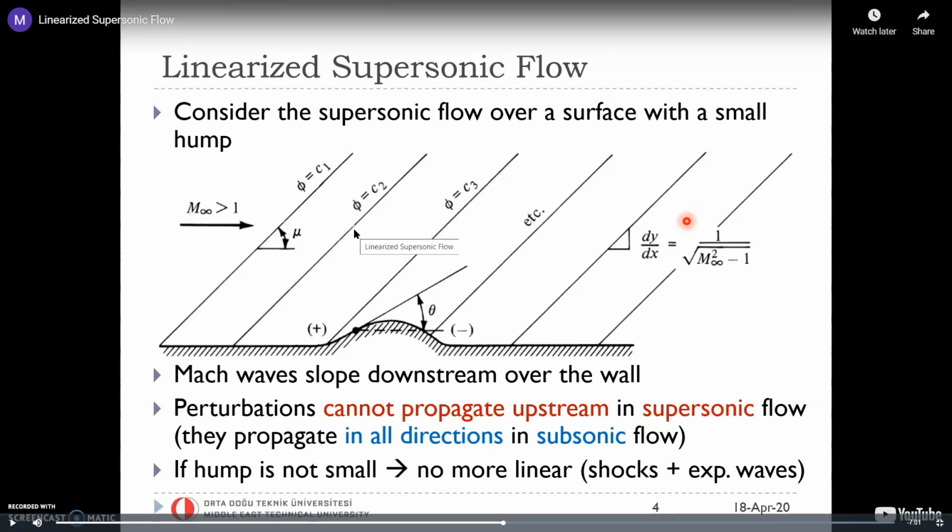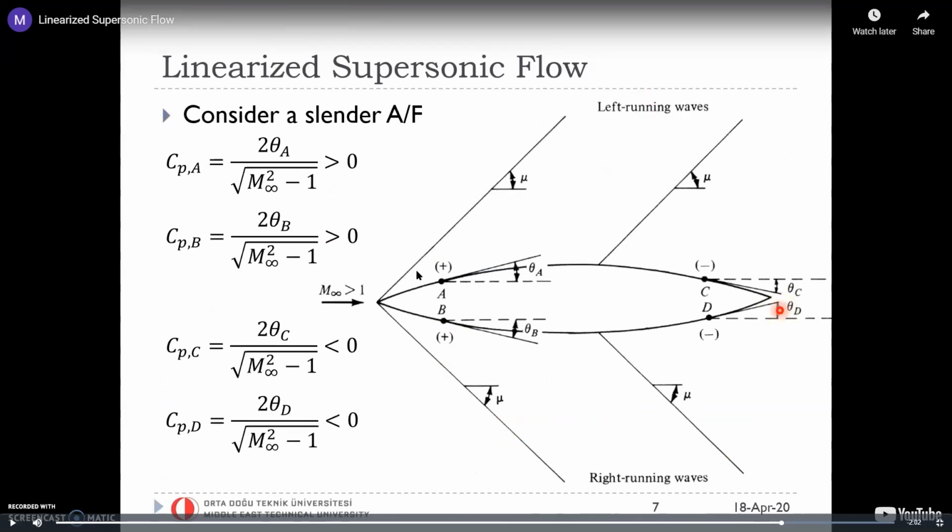One will be towards your left arm, one will be towards your right arm. Your flow will be hitting from your back. So we call these kinds of lines left running characteristics, and the other one, which you don't see in the sketch but see in the very final one here, is the right running characteristics. That's why Mustafa Hoca was saying left running characteristic lines when he was discussing this.